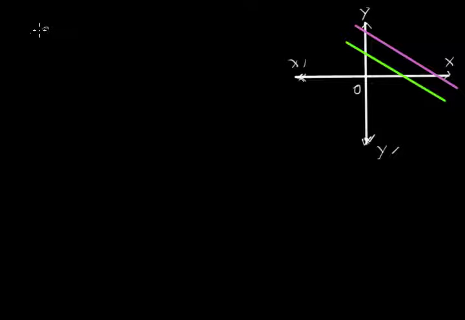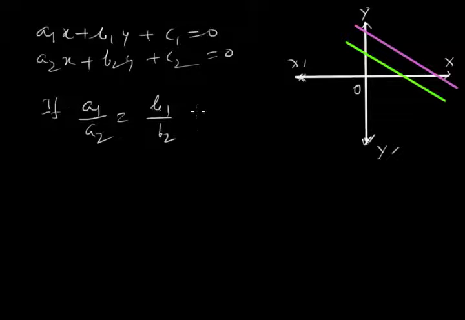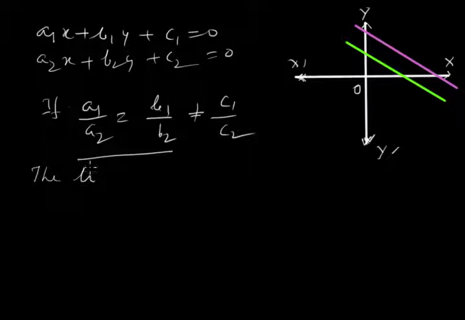Now if a1 by a2 is equal to b1 by b2 not equal to c1 by c2, in this case, the lines are parallel.